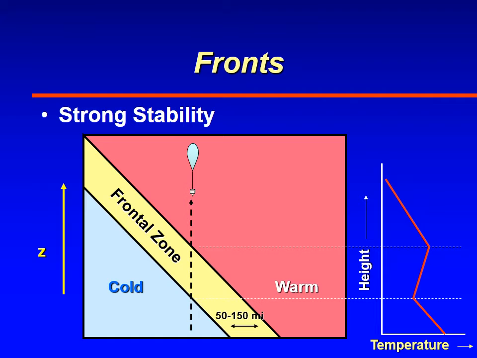It goes through the frontal zone, and in the warm air, of course, the temperature is warmer, so it starts out at a warmer temperature. So if you connect those two lines from the cold air to the warm air, the temperature lines, you'll see that there's a temperature inversion. And a temperature inversion is a zone or an area of strong stability. Temperature inversions have strong stability, so you know that fronts have strong stability.